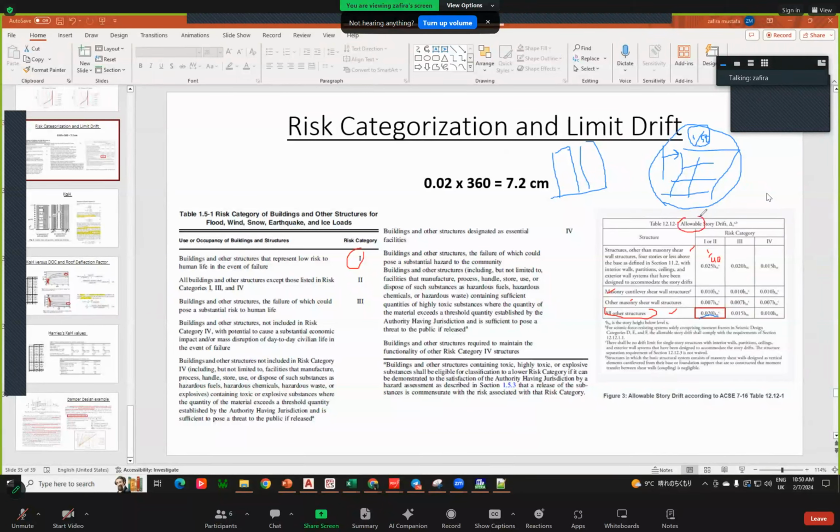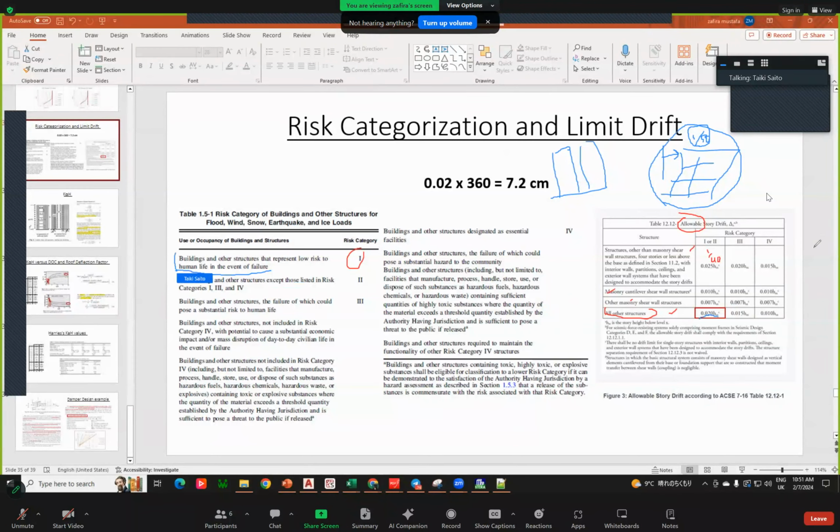This is allowable. Why? Risk category 1: buildings and other structures that represent low risk to human life in the event of failure. So if buildings fail, low risk to human life.